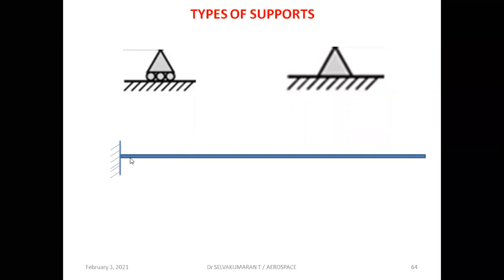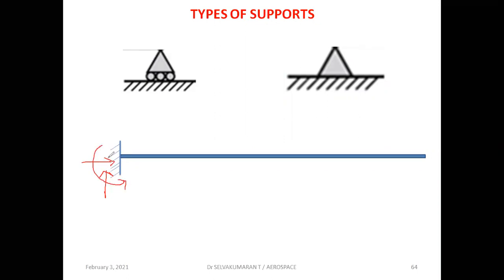So a cantilever beam is nothing but a beam showing the fixed support. This is the fixed end of a cantilever beam. As I told you earlier, you will have one vertical, one horizontal and one moment like this.